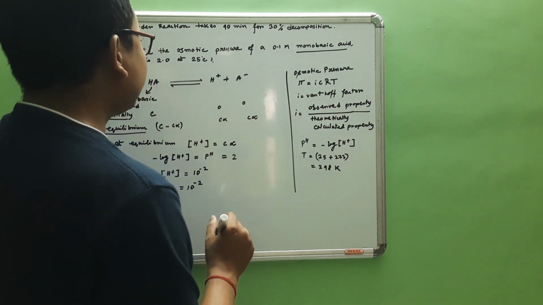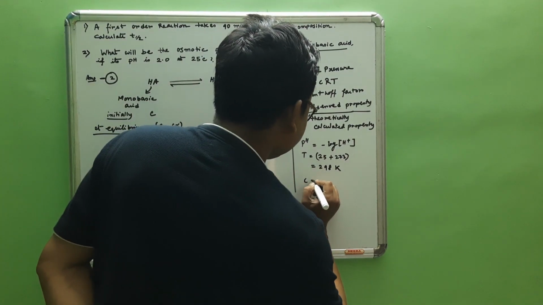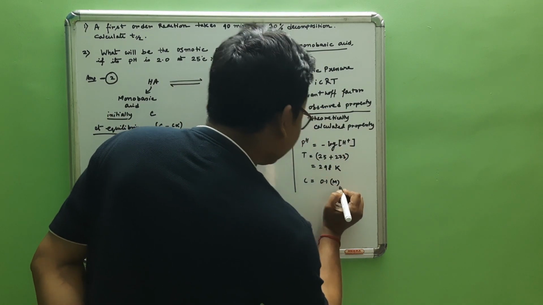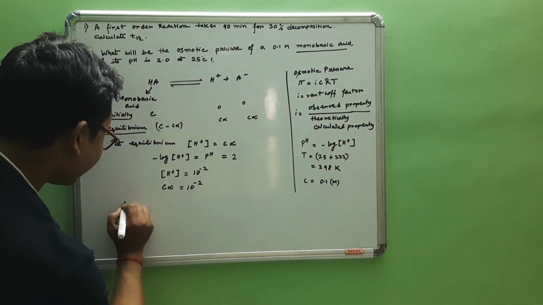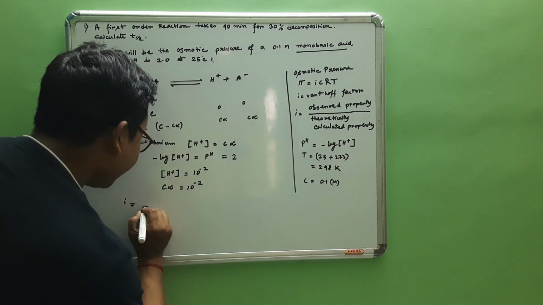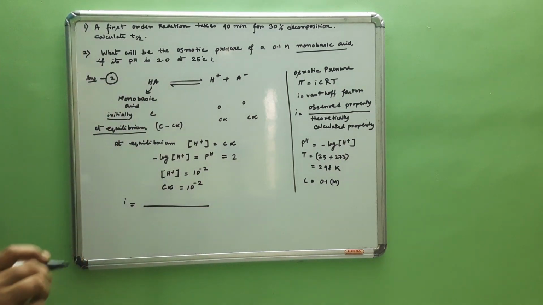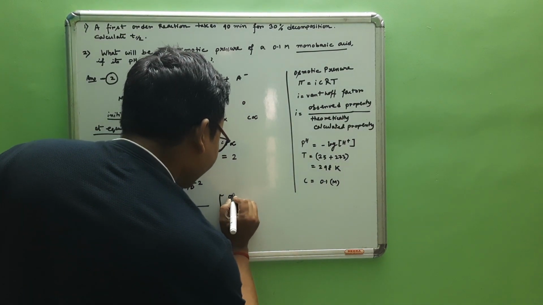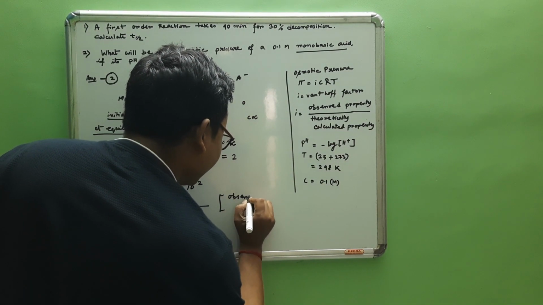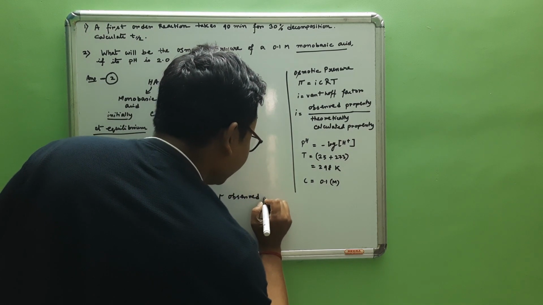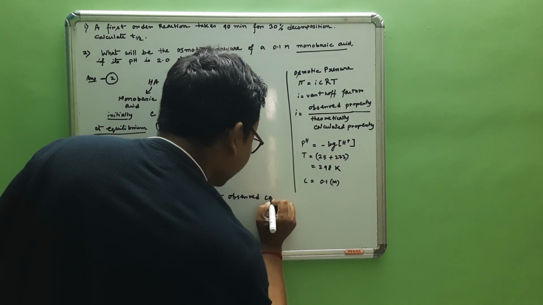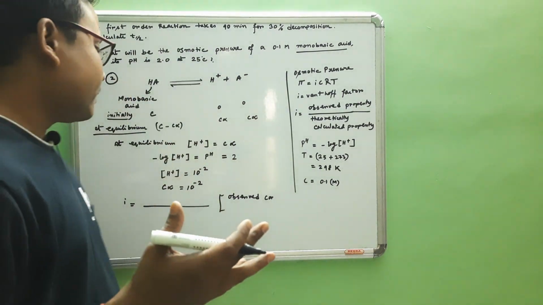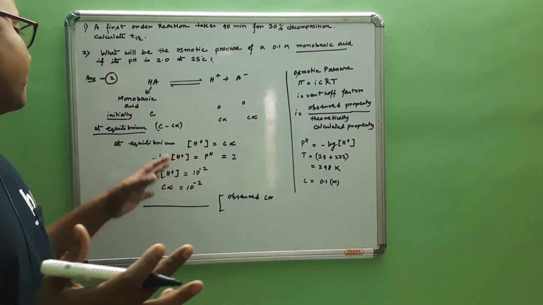And what is the value of C? The initial concentration of the monobasic acid is 0.1 molar. So what is the Van't Hoff factor? The Van't Hoff factor is the observed property over the theoretically calculated property. What property are we going to consider? We are going to consider the property of concentration.